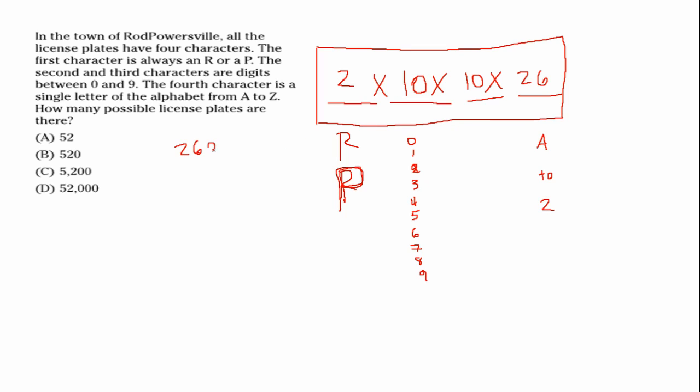So let me just work this last part out for you. 2600 times 2, 2 times 0 is 0, 2 times 0 is 0, 2 times 6 is 12, carry the 1, 2 times 2 is 4, plus 1 is 5. 5200. There are 5200 different possible license plates, given all the different parameters set on this question. Okay?